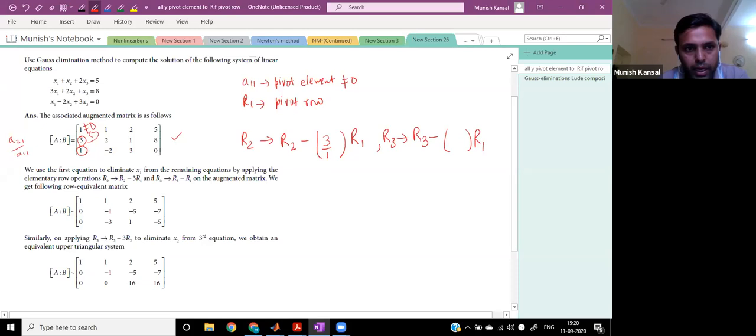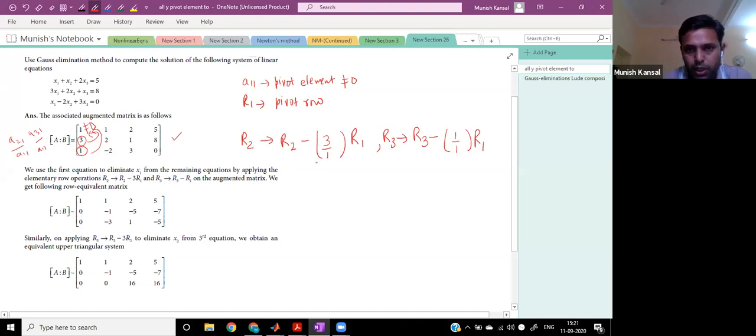The pivot element is 1. So the factor that comes here, I don't want to write just 1, I will write 1 by 1. This entry will be A31 by A11, right? So these are my first two row operations with the help of which I can make these two entries equal to 0. So this is my first step of Gauss elimination.